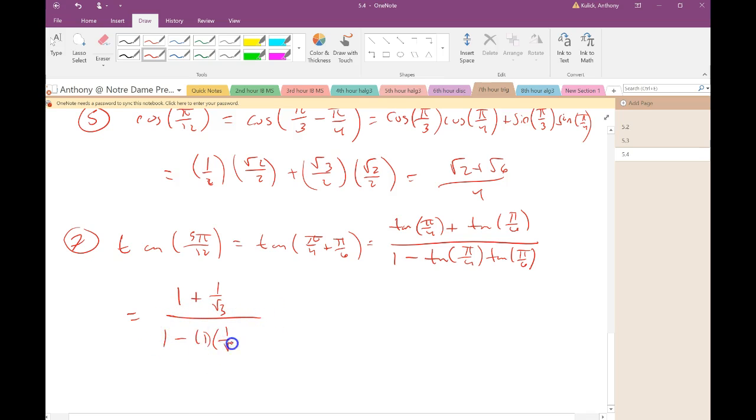That makes life a little bit easier, right? And I'll multiply the top and bottom by square root 3. And then we'll multiply by the conjugate.